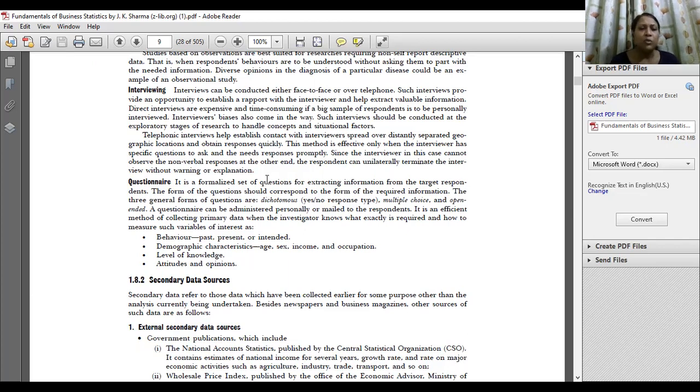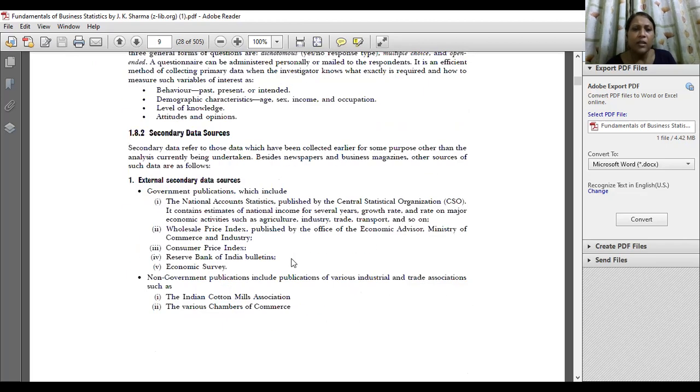Now we come to the secondary data sources. What are secondary data sources? Secondary data refer to those data which have been collected earlier for some purpose other than the analysis currently being undertaken.